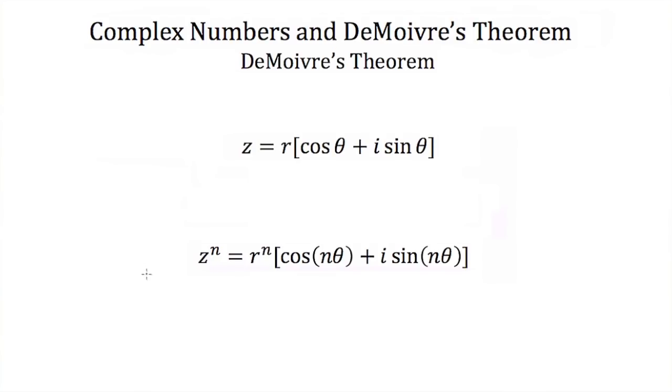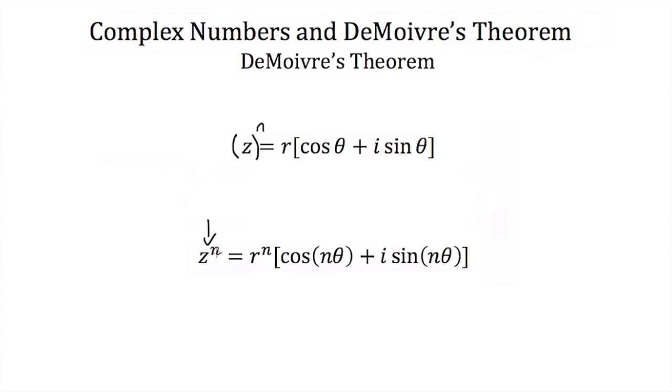So now let's talk about DeMoivre's theorem. If I have a complex number written in polar form, z is equal to r times the cosine of theta plus I times the sine of theta, and I want to raise z to some power, n, then instead of multiplying z by itself over and over again, I can use DeMoivre's theorem.